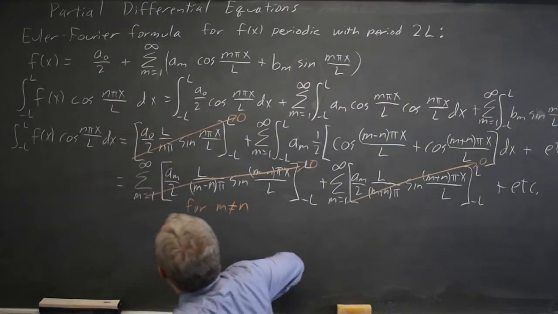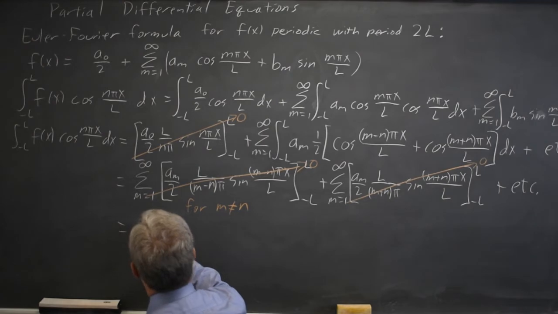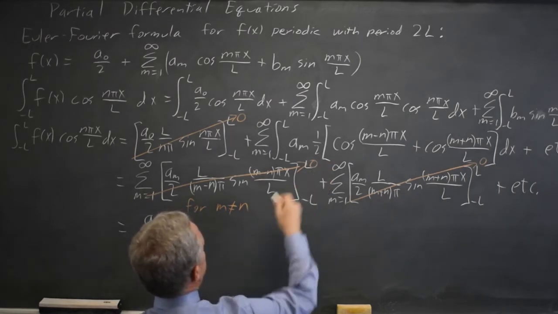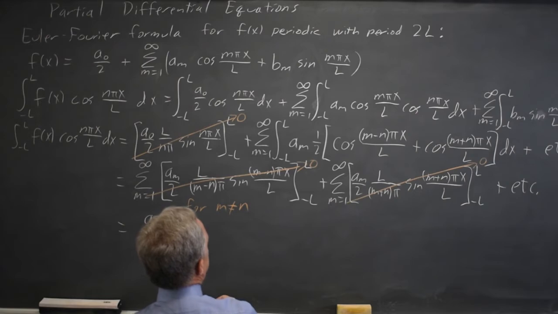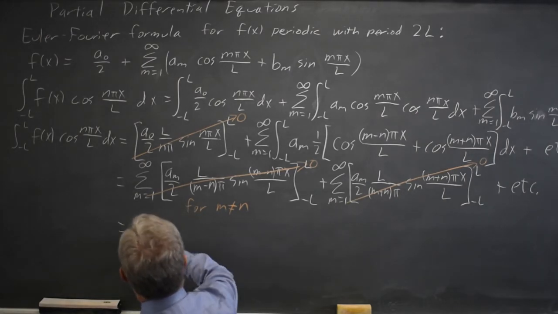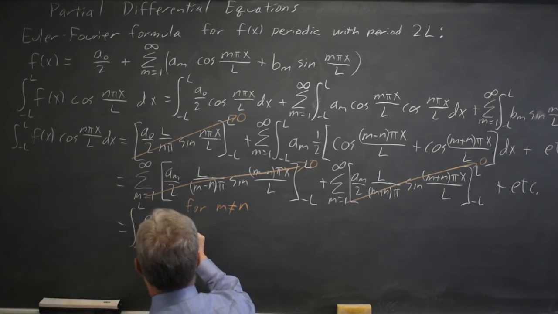So this is only non-zero for m equals n. So that would be an over 2. And for m equals n, I have cosine of m minus n pi x over L is cosine of 0, which is 1. The integral from negative L to L of an over 2.